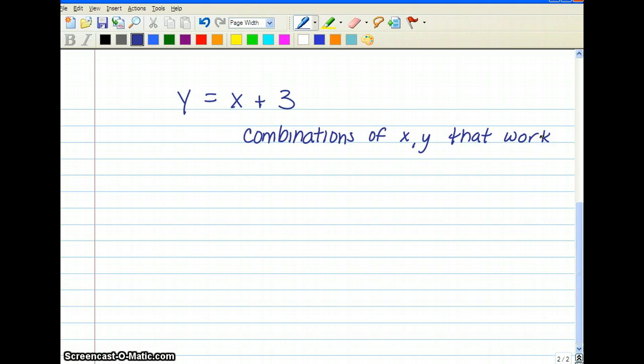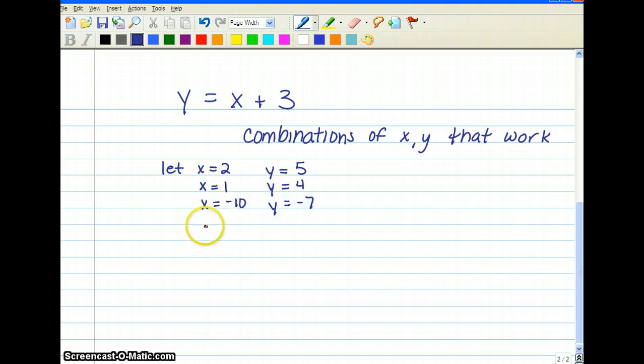So what are some combinations that work? Well, if we let x equal 2, then we would know y is equal to 5. If I say x is 1, then if we put 1 in here, we would know that y is equal to 4. Okay? If x is -10, y would be -7.